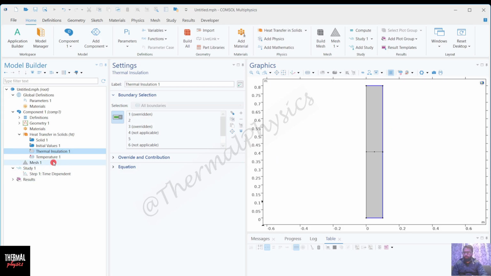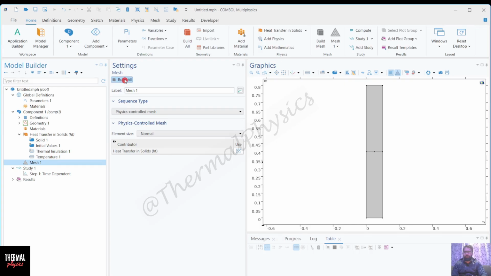So moving forward, we'll mesh it, and we're going to choose a finer mesh. The finer the mesh, the more accurate the results are. This is the general rule, but we cannot go on making it extremely fine, because that will take a lot of time for the simulation to run, and more time means more money.